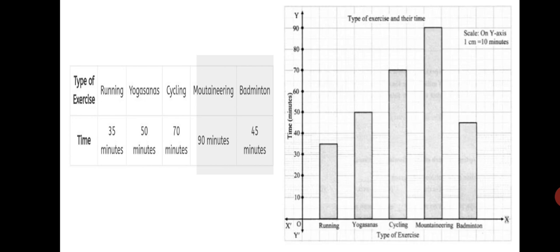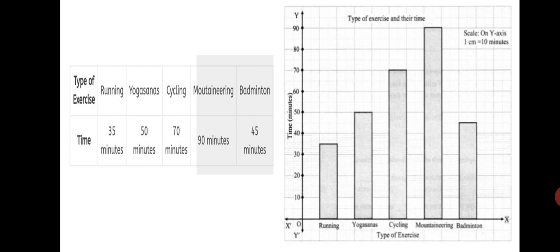Scale we have to take as, was it given to us? No. So first we have to think about the scale before we start. So you can see here that we can take 10 and then we can mark whatever minutes are coming in between also. 10 is the easiest scale to mark.